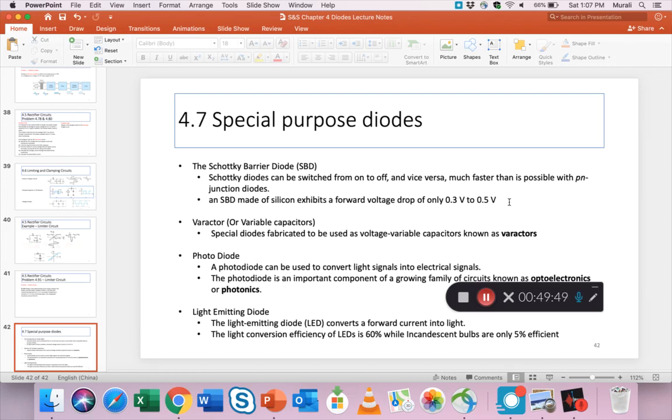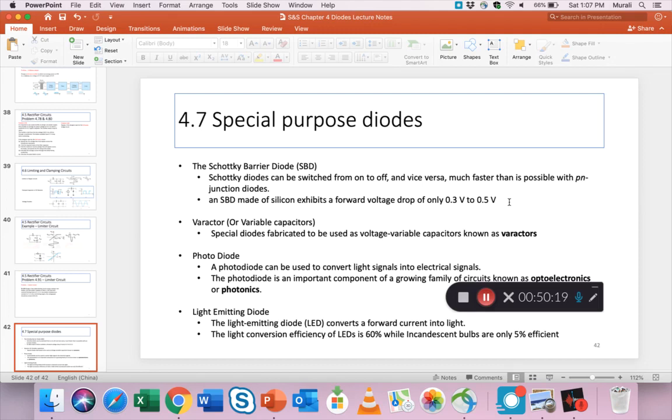The next type of diode is a varactor diode, or a variable capacitor diode. We talked about how a reverse bias diode shows a capacitance property, the behavior of a capacitor, and the capacitance is actually dependent on the reverse bias voltage, right? So the more the reverse bias voltage, the lower the capacitance, I think was the relationship.